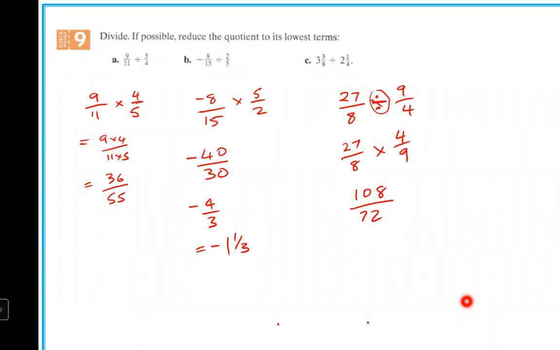And then now we have to reduce. I got 1.5 because 72 goes into that one time, and then I broke it down. Let me tell you what I got before I broke it.